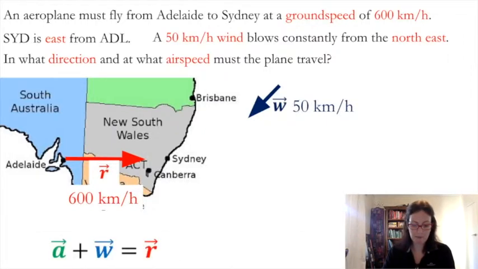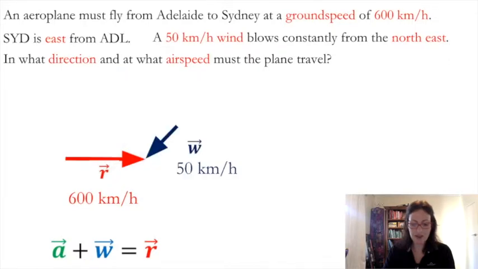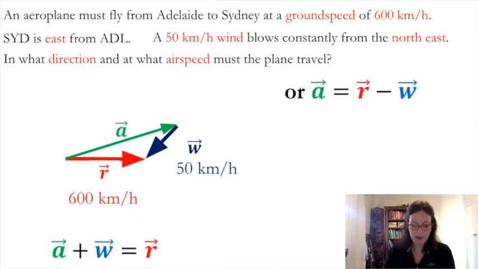But the wind coming from the northeast is represented, say, going that way, W for wind, and that's 50 kilometres an hour. So our resultant vector that the plane would travel in is, we have to add on that wind factor. So if the wind was acting like this, the resultant vector, it would be going in the opposite direction, wouldn't it? So to take it into account for the wind, we would actually have to subtract off the wind.